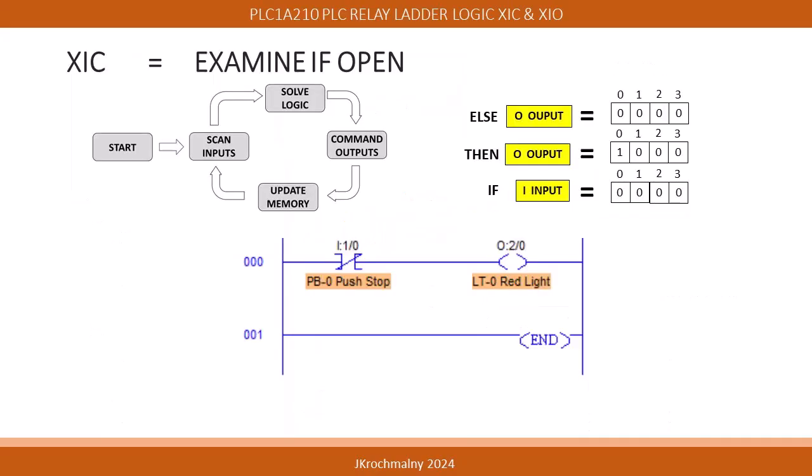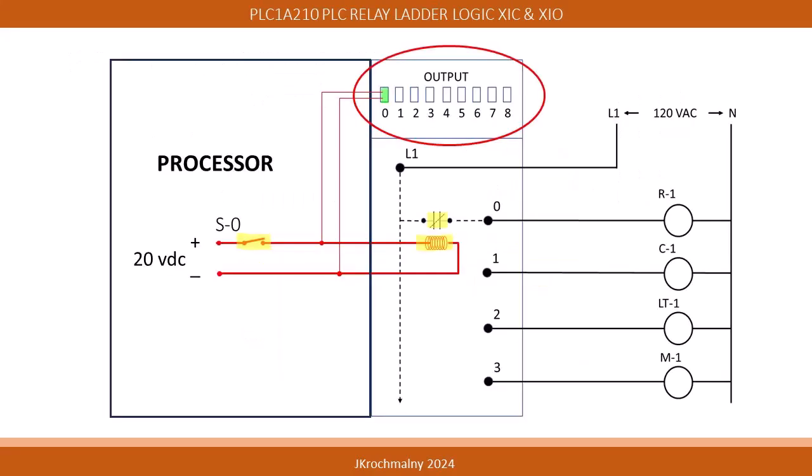If input module terminal 0 has no voltage after its examination, this information is recorded in the processor. Then the logic is solved. In this case, the output 0 registry has been assigned 1. The intention then is to turn on the LT0 red light. The processor then commands on the associated output module relay coils, closing internal contacts, and then starting the load.